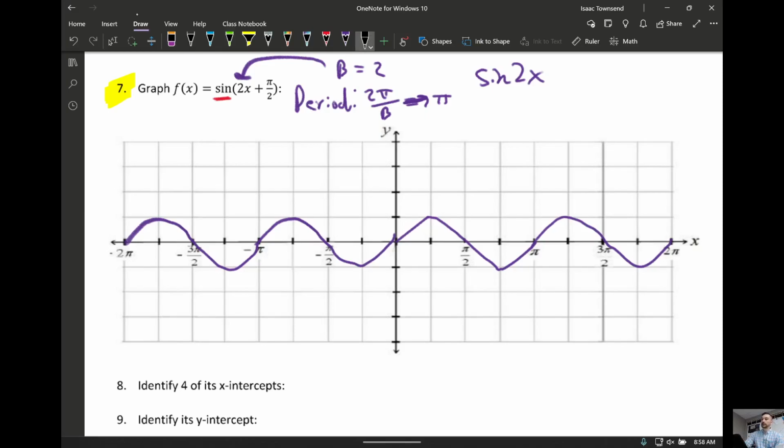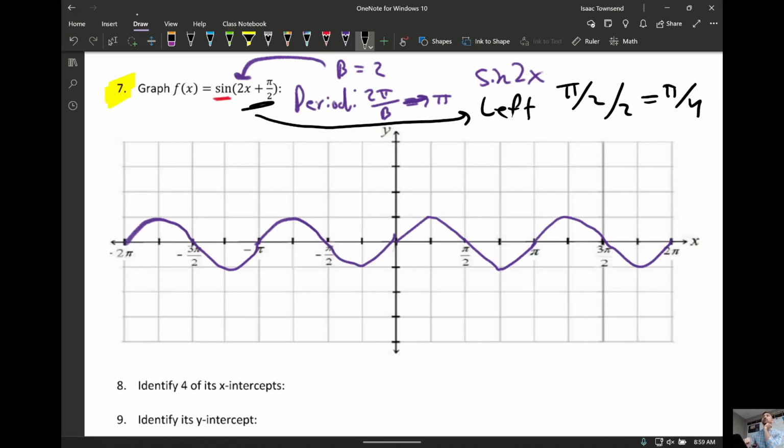Okay, and then finally, this plus means I need to shift my whole graph left. How much it goes left is not pi over 2. Sometimes it's pi over 2. But how much the phase shift is c divided by b. So pi over 2 divided by 2, which is pi over 4.